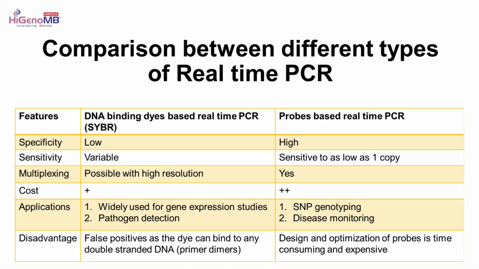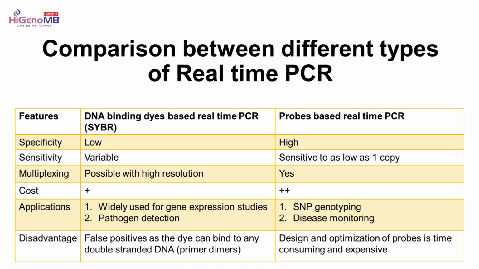So as I told you, these SYBR dyes can bind to any double stranded DNA. These are not specific. It does not care whether this double stranded DNA comes from your specific target. If the primer designing is not proper and the primer forms dimers with itself, then also double stranded molecules are formed.